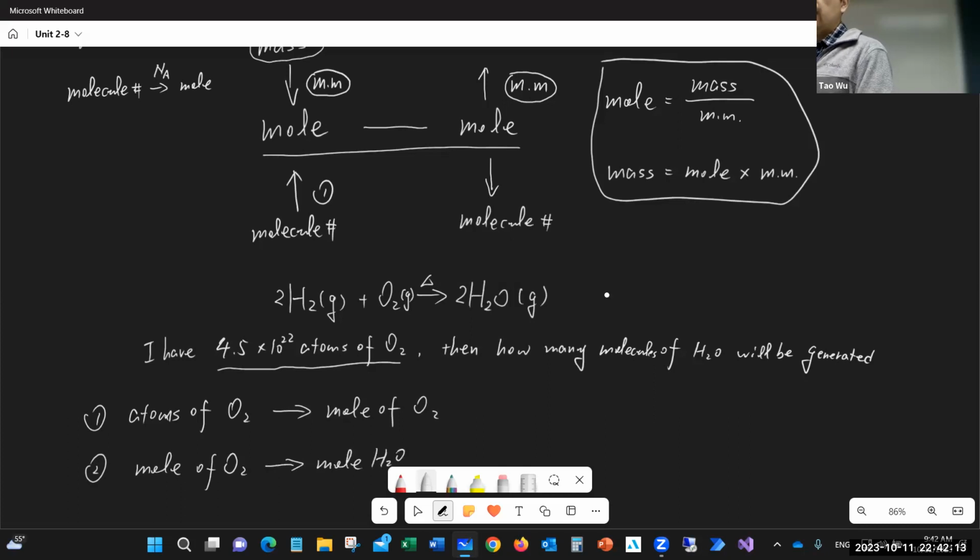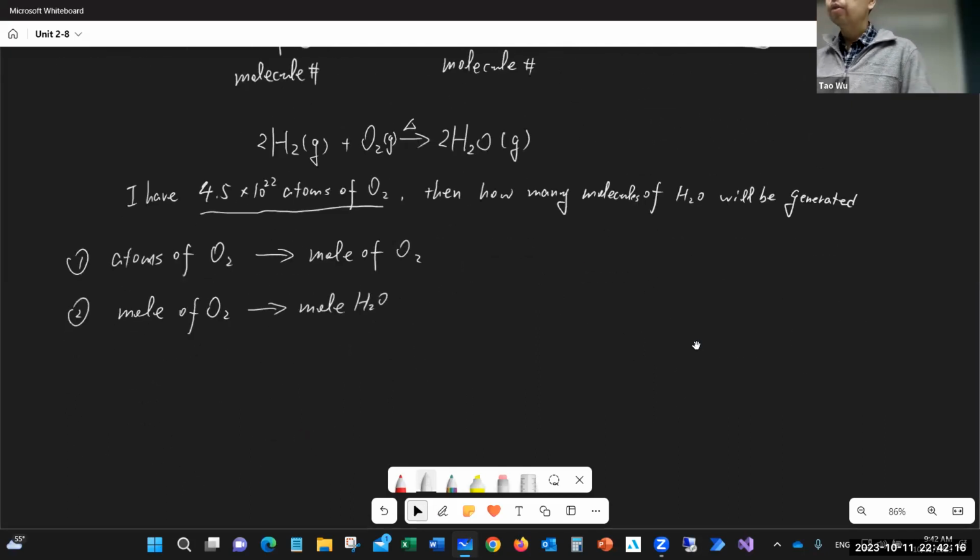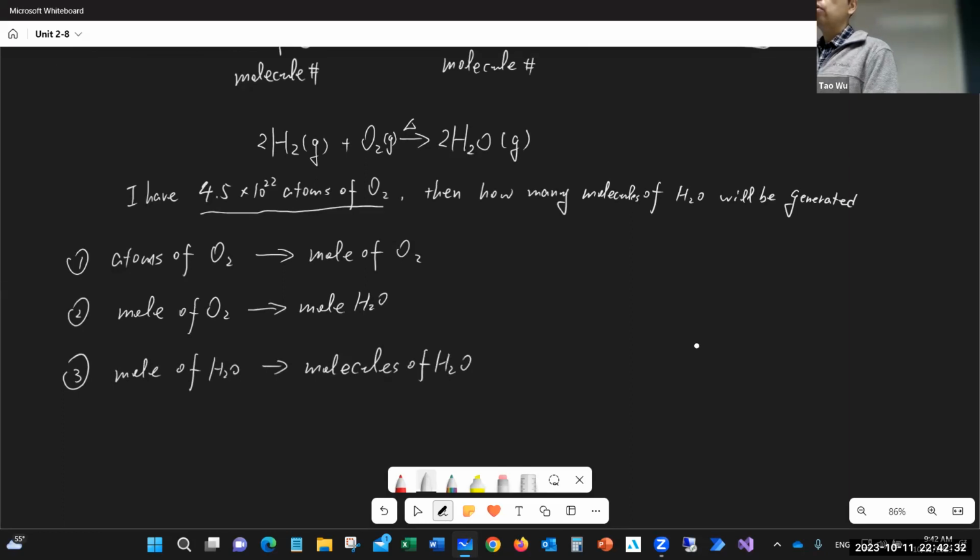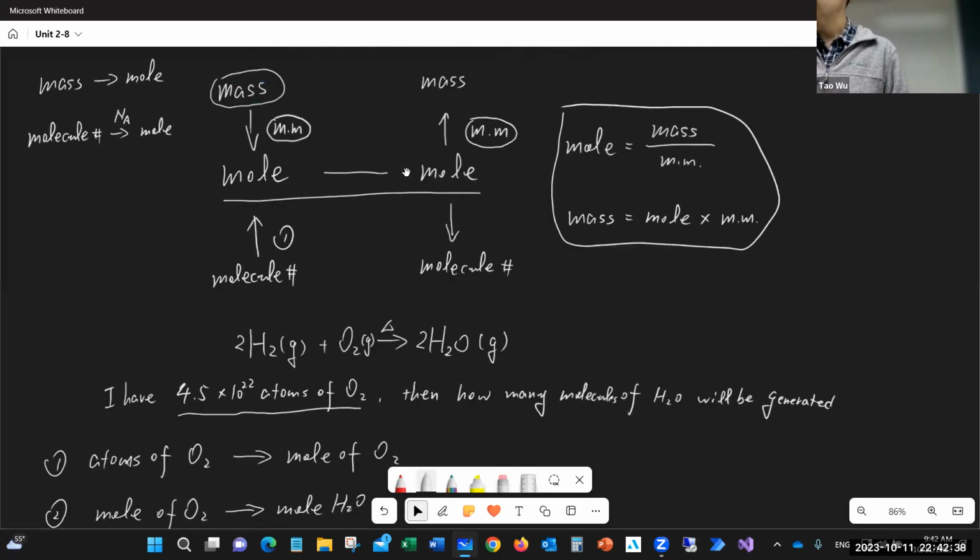Right? And then the last step is using moles of the water to find molecules of water. Okay, so still the three steps, just like what we do for the grams, is almost similar. The number two step is the stoichiometry. The other two, number one and number three, are just conversions between molecule numbers and mole. That's it.